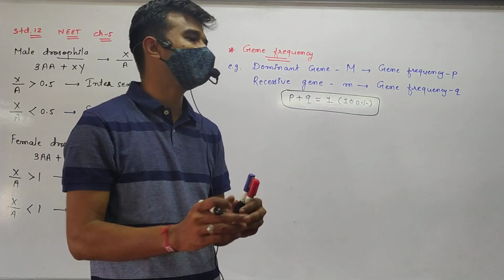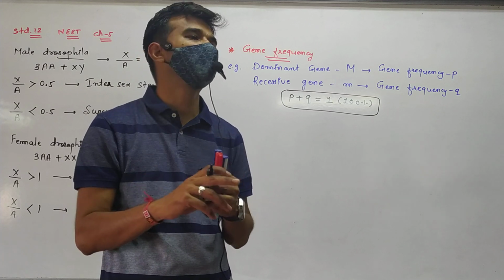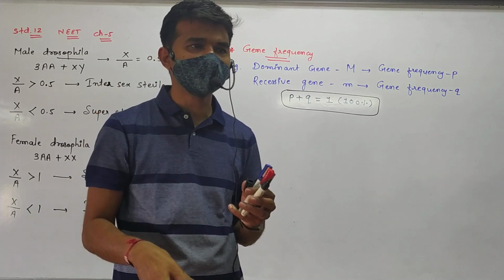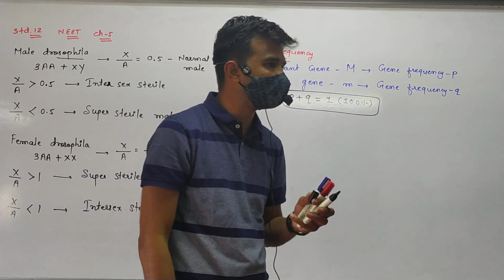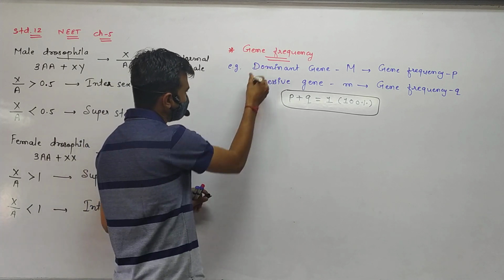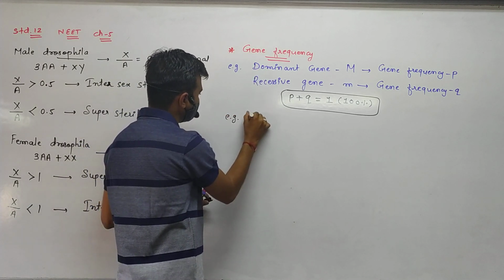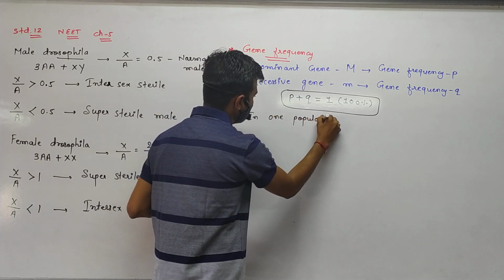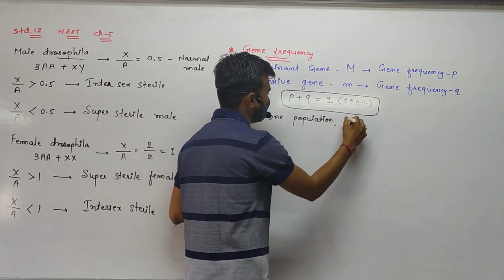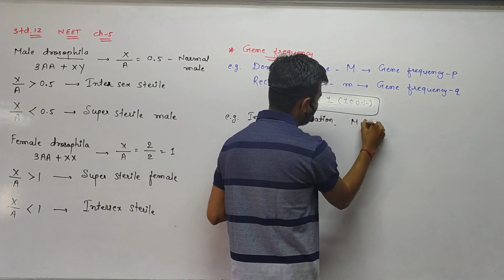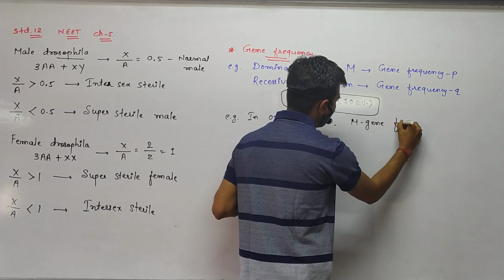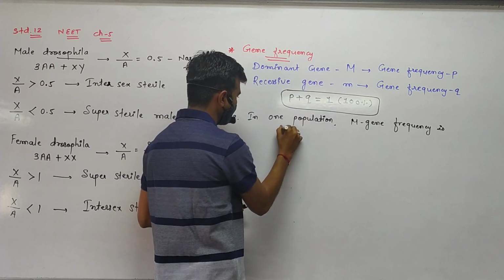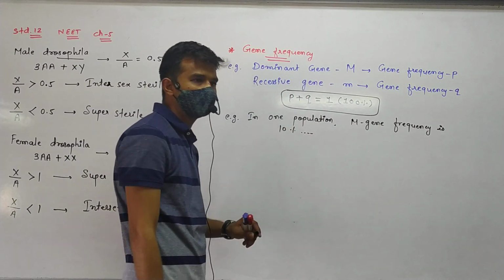Out of P and Q, if you know any one frequency, you can find the other in the given population by one equation. How? See, for example, in any one population, the capital M gene frequency is 10%. This information is given.